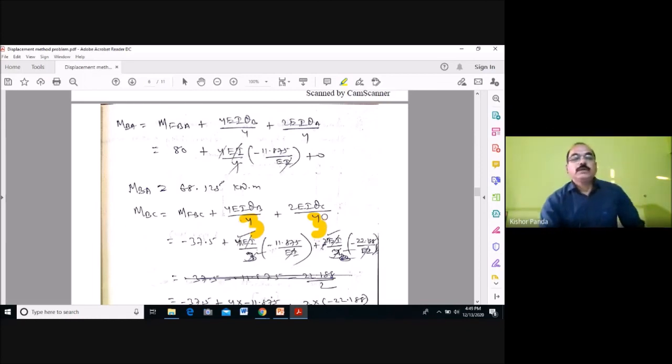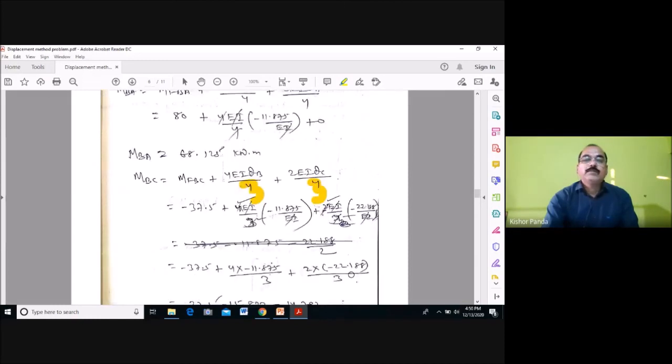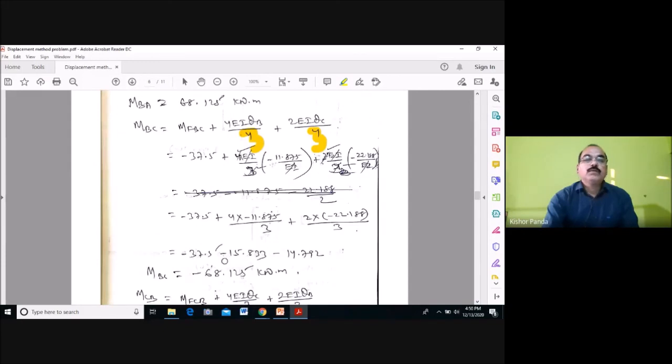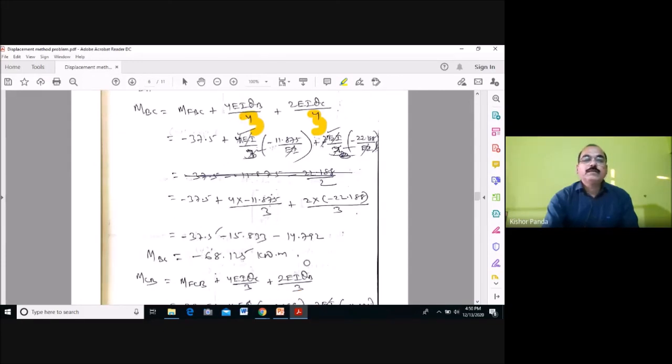So MFBC is equal to minus 37.5, and 4EI by 3 times theta B, which is minus 11.875 by EI, plus 2EI by 3 times minus 22, that you have to put, theta C and theta B. Then after simplifying this one, you got MBC is equal to minus 68.125 kilonewton meter.